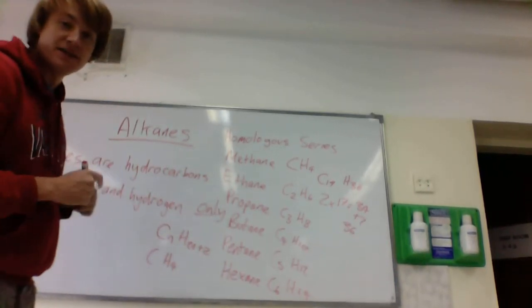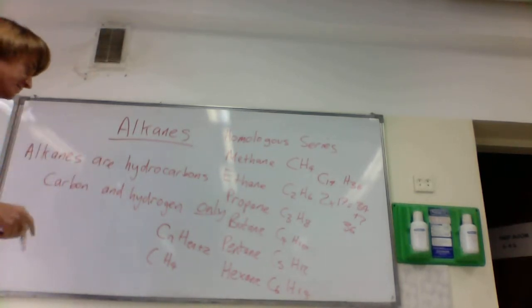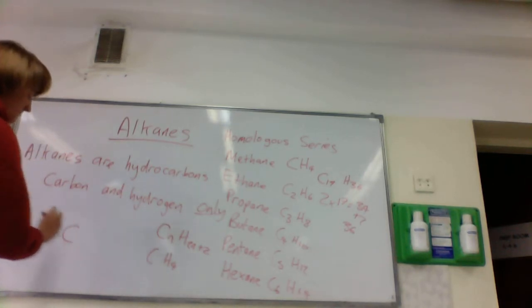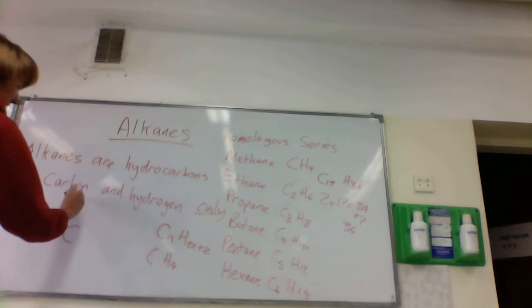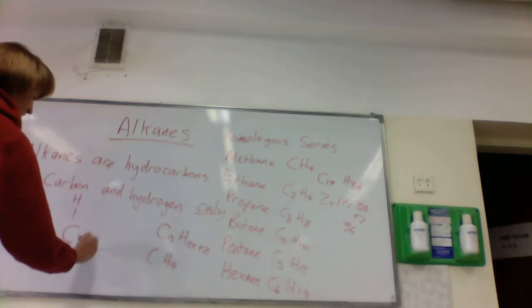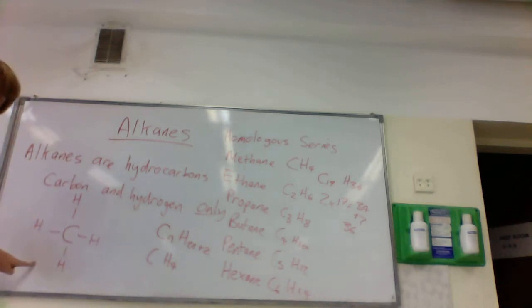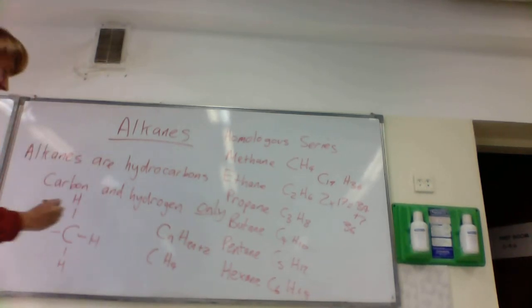Now, something else we need to know about the alkanes is we need to be able to draw their bonds. So, let's start off with methane. Methane has got our carbon atom in the middle there, and then we have 4 bonds to 4 hydrogens. So, it looks a bit like this. Then we shall try drawing ethane.